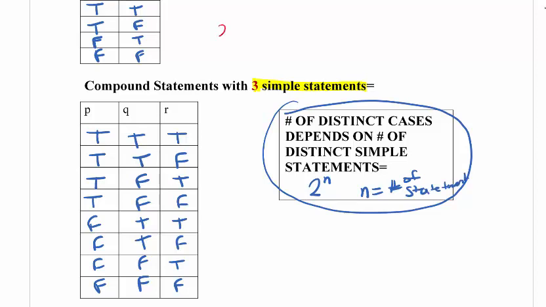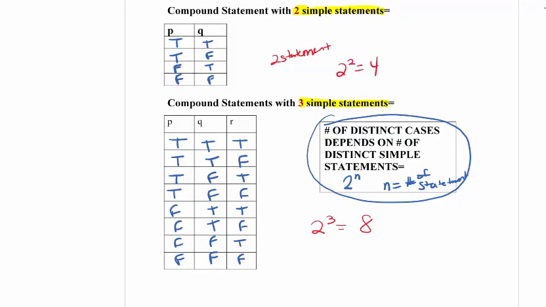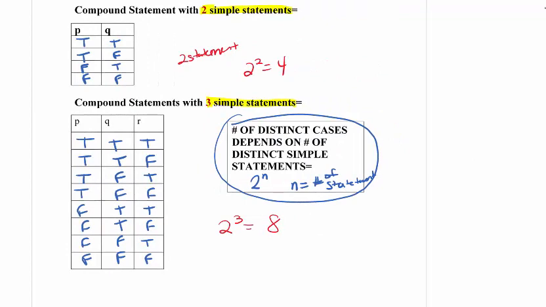For 2 statements, which was the first one we dealt with, it was 2 to the second, which is 4 different possibilities. For 3 statements, we have 2 to the third, which gives me 8 possibilities. This is the way you're going to design every single one of these truth tables. Do not use the 8 if you only have 2 simple statements. So double check what you're dealing with in that problem.